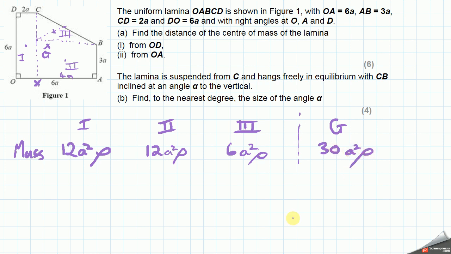Now the advantage of drawing the table is that at this point you can see that on both sides of my equation I've got a squared rho in all terms, so I can cancel through by a squared rho. You can even cancel through by 6a squared rho.